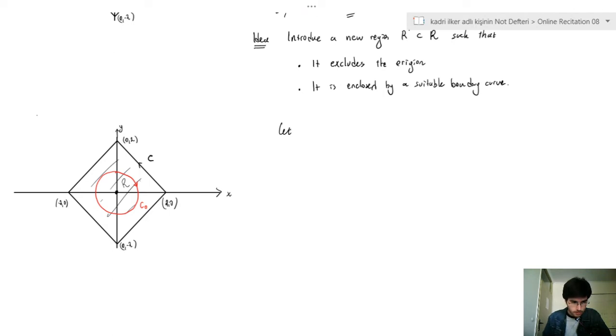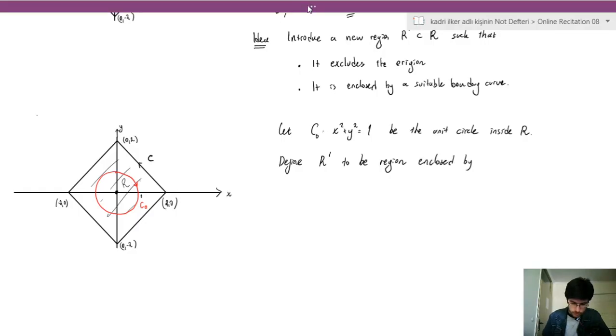So let C0 be the unit circle. Of course it is inside R, clearly. Fine. And what else can we observe? Then we can define a new region. Define R prime to be the region enclosed by the region over here.